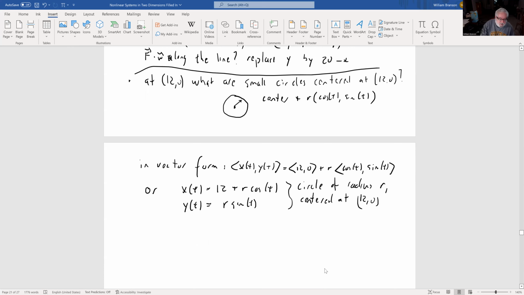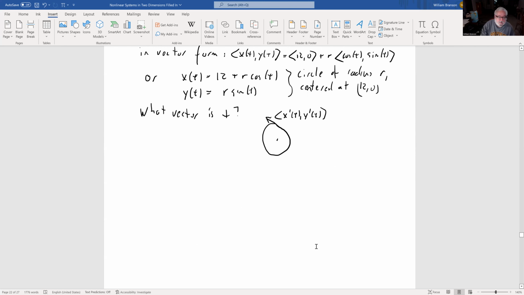What's a vector that's perpendicular to this? Well, we know we've got a circle and a parameterization, and we know that the vector x prime of t, y prime of t is tangent to the circle. And in this case, x prime of t is equal to minus r sine of t, and y prime of t is equal to r cosine of t.